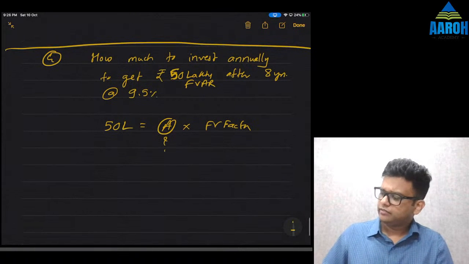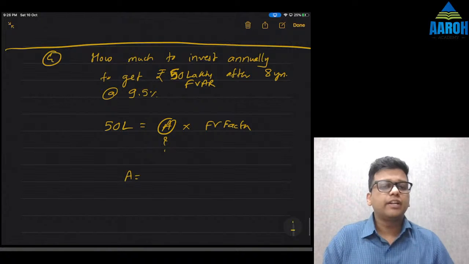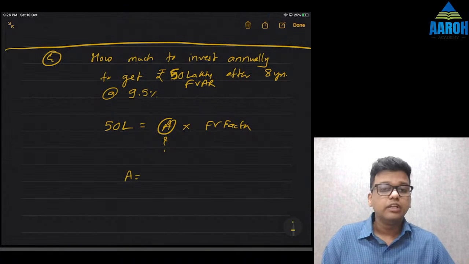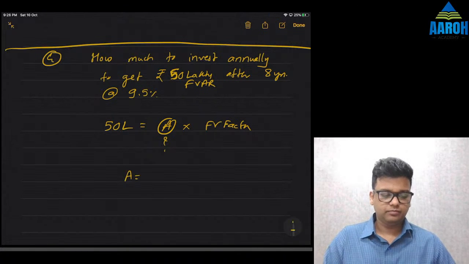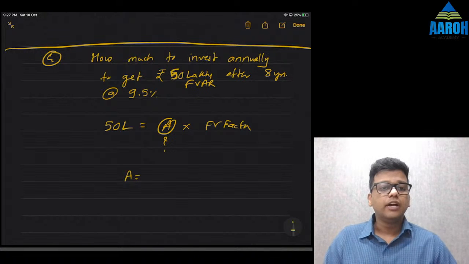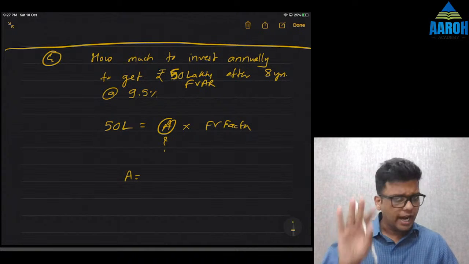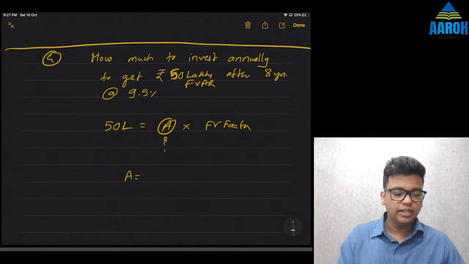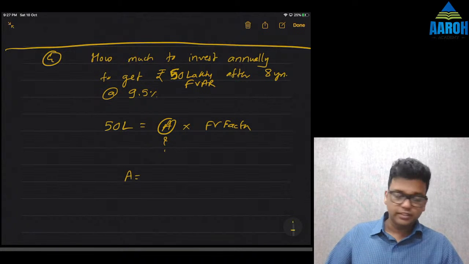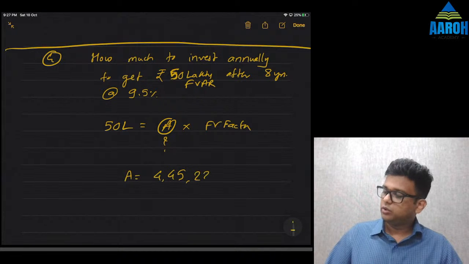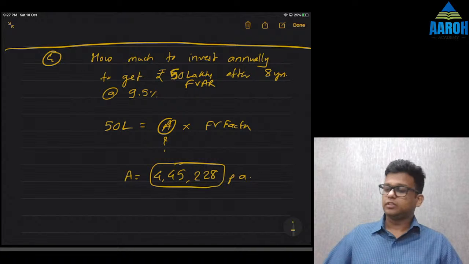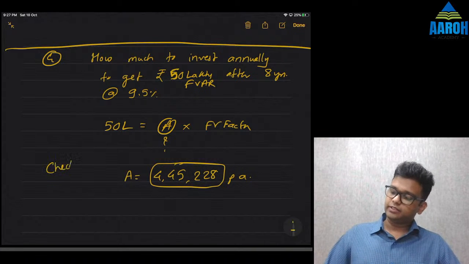So let's try it. Future value factor will be 1.095 raised to 8, minus 1, divided by 0.095. So the factor should be 11.2302 something. Add it to memory. 50 lakhs divided by MRC equal to. The answer should be 4,45,228 per annum.